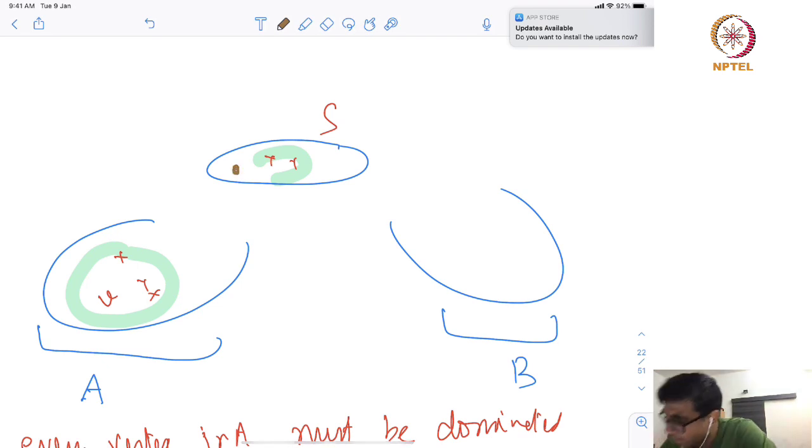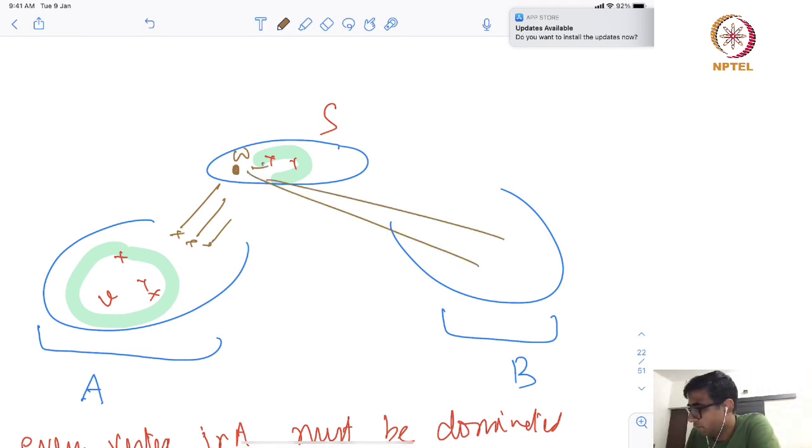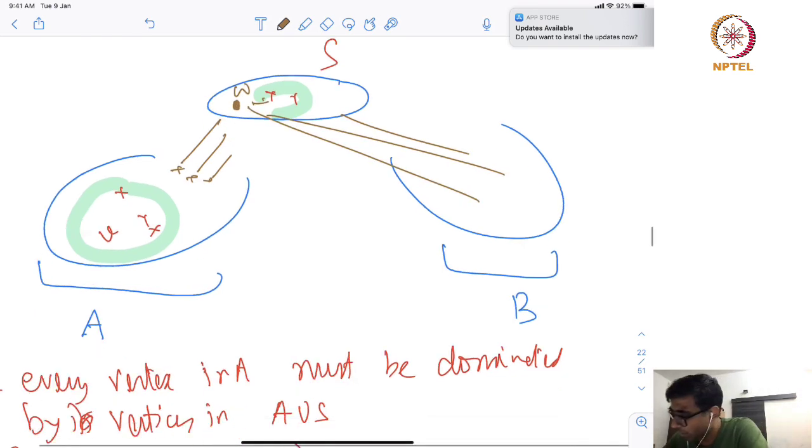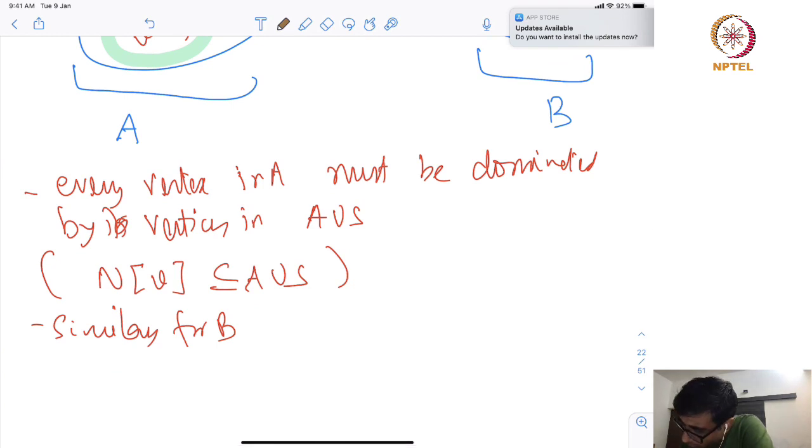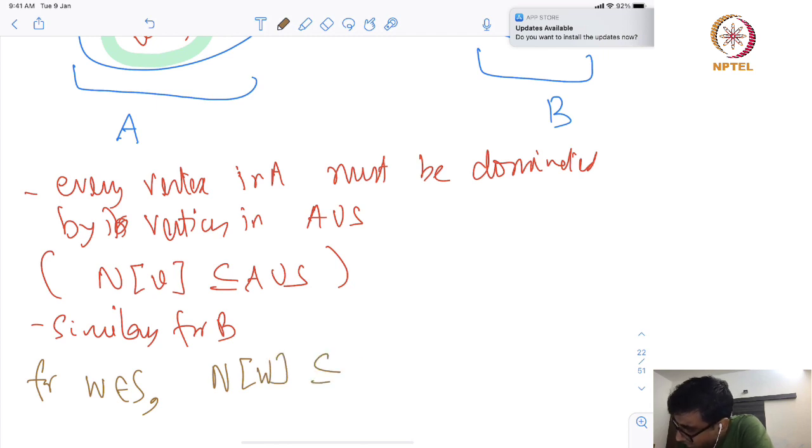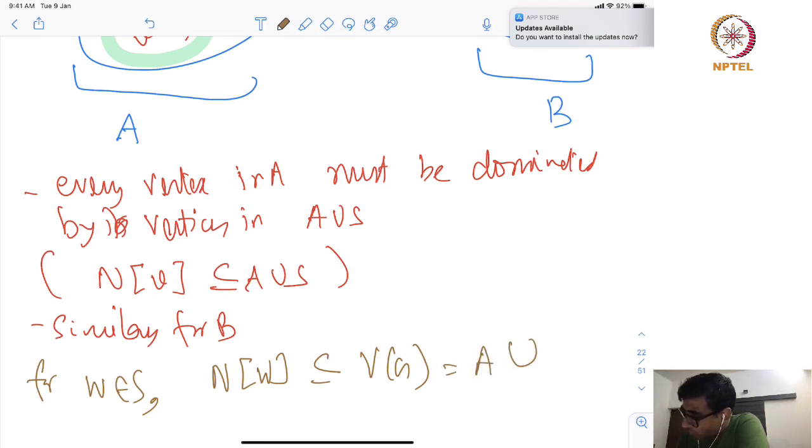Now this vertex, call it w, it could have a neighbor in A, some in S, and some maybe in B, right? So for w in S, the neighborhood of w is contained inside the whole of V(G). Or rather, say it could be in A, it could be in S, it could be in B, right?